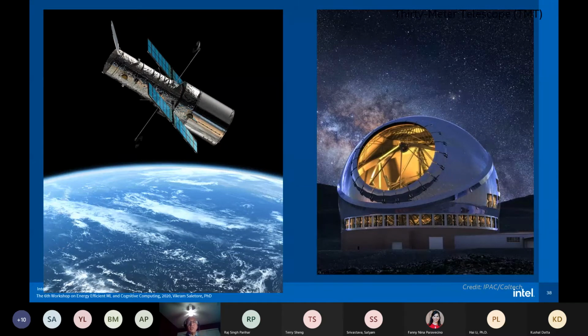Images, as you know, are received from the Hubble telescope. Hubble has been there for about 30 years now, and after they fixed the glitch in the lens, I think they're receiving extremely good images. There's also another new telescope called the Thirty Meter Telescope, but Hubble is outside the atmosphere, so it's very clear.